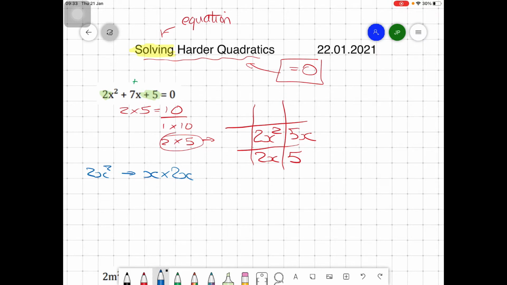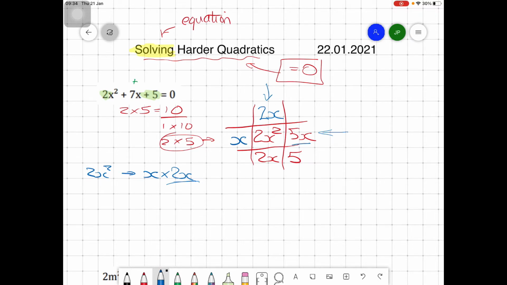If we focus on the 2x, do I want it in a row with 5x along here, or do I want it in the column with another 2x? It makes far more sense to put it in the column with 2x, because I can multiply to make 2x, than it does with the 5. Therefore, x needs to go into that gap, and we can work our way round.